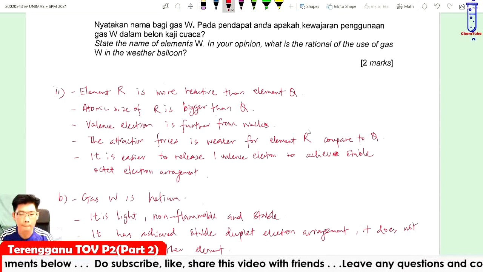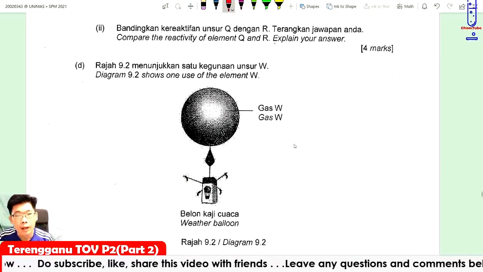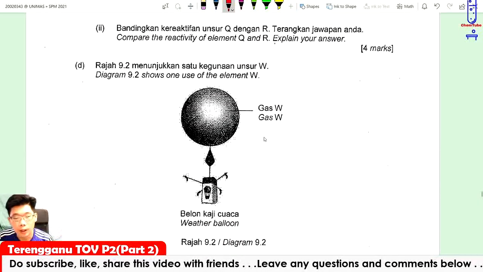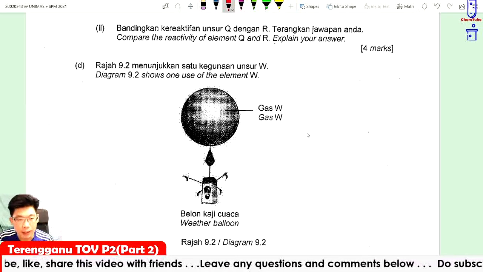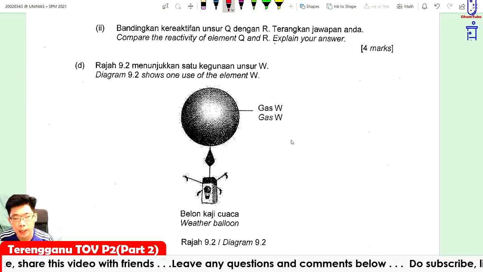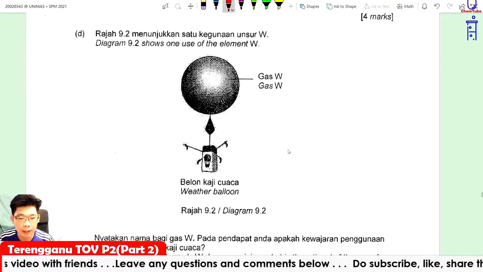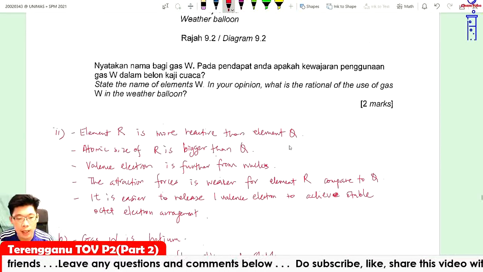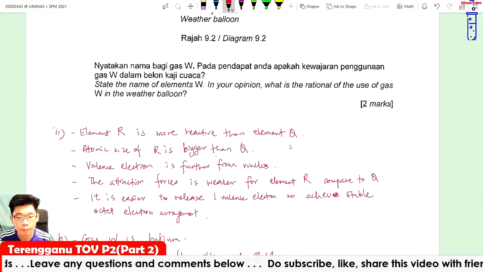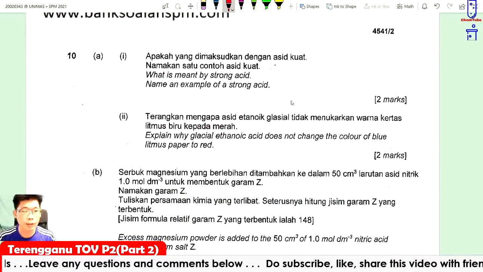Okay, so in actual fact, you can also find out hydrogen gas actually can be used also, okay, in the weather balloon if you search online. Okay, but we will suggest you to use the helium gas because it is non-flammable. Hydrogen gas is flammable. Okay, next question.